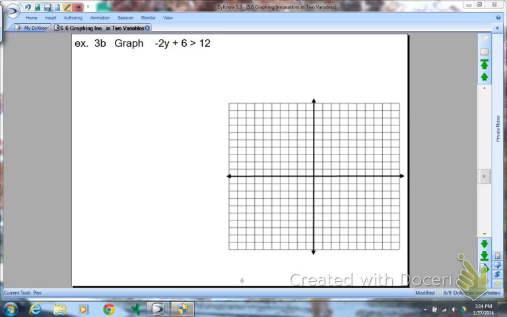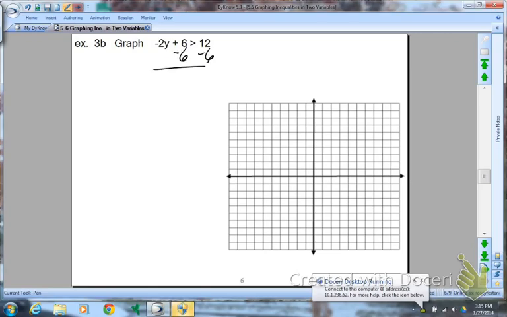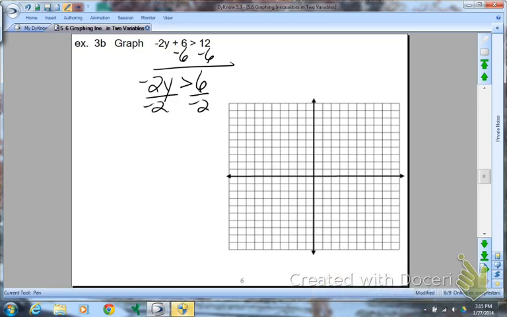Okay, example 3b, what variable is missing here? The x is missing, so we have no choice but to solve for y. So we get y is greater than -3.